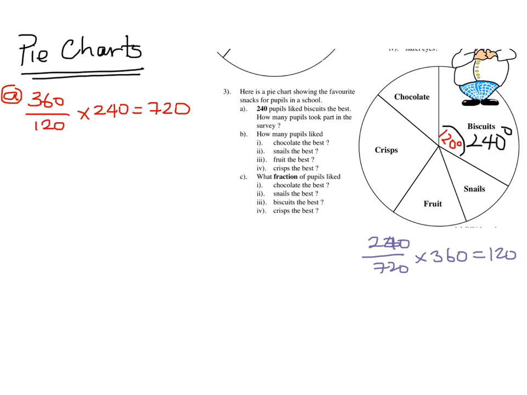Now, all I've done is the inverse operation. I flipped, basically finding a fraction of the whole circle, and times it by what I've got, and that gives me my total amount. So bear that in mind for next time.